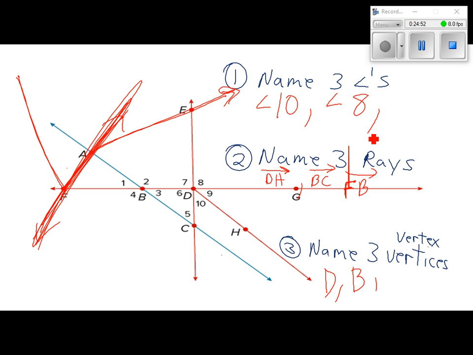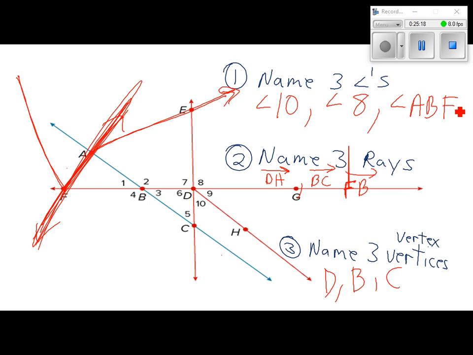Give me one of your answers. C. Everybody agree that that's a vertex? Matt, give me something. There's only one left, Matt. You've got to pick an angle. Angle ABF.